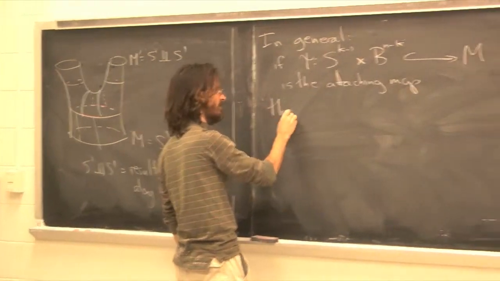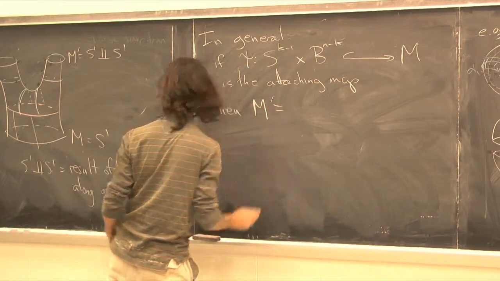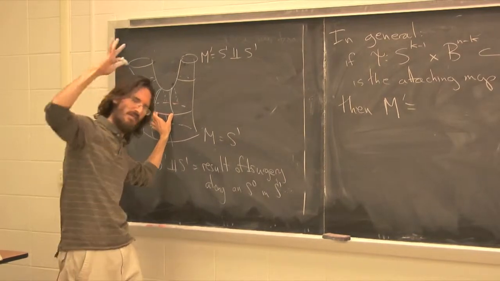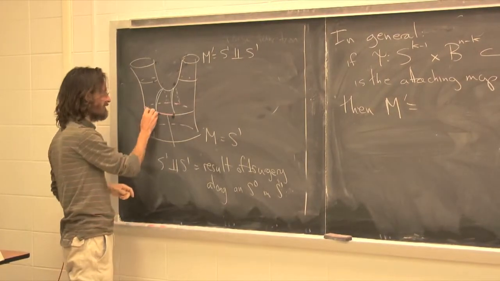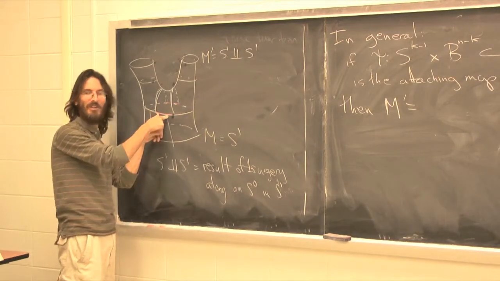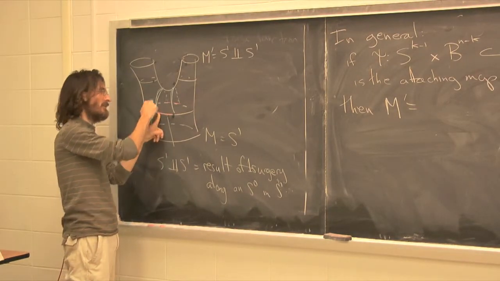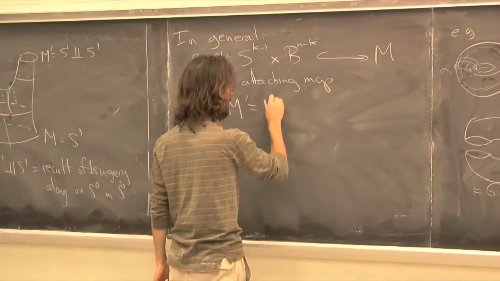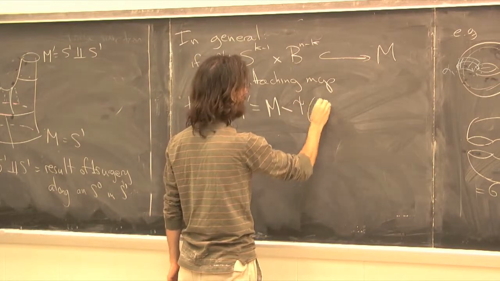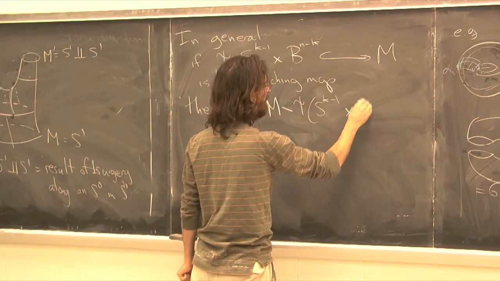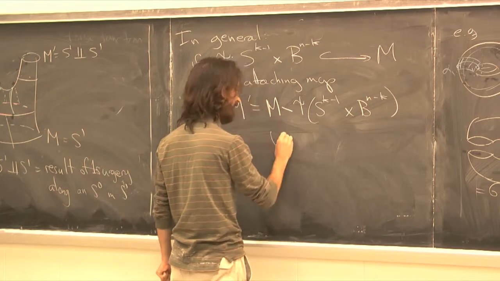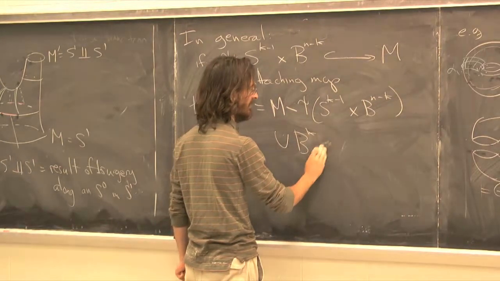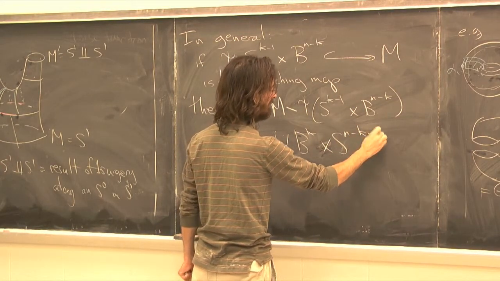And M prime is equal to, well, the image of the attaching map is no longer in the boundary. So it's covered up, it's buried down in the manifold. So the new boundary is that's no longer there, you've removed it from the boundary, and you've replaced it with the free part, the free region of the handle. So M prime equals M minus C of S^(k-1) cross B^(n-k), union, the other part of the boundary, B^k cross S^(n-k-1).